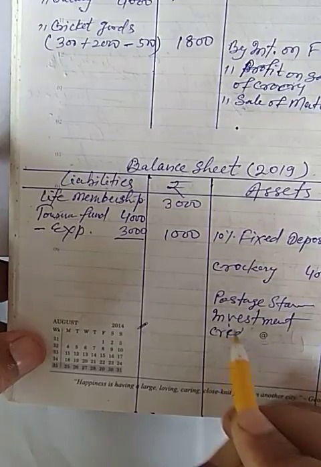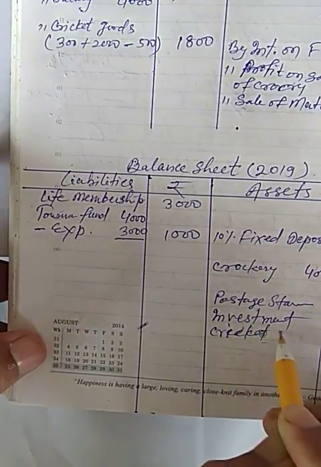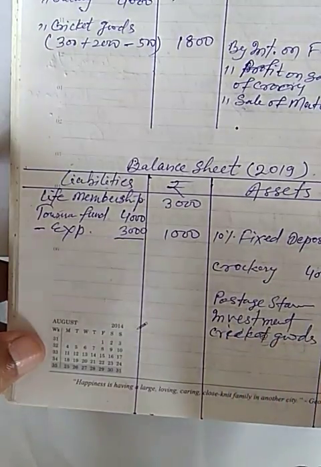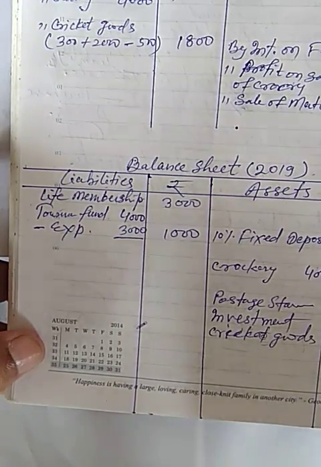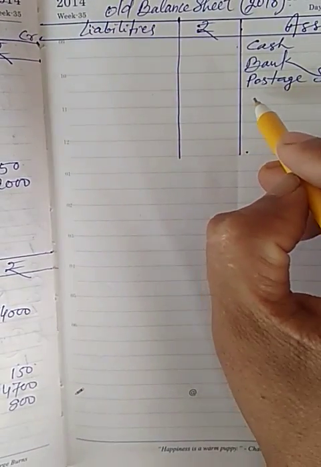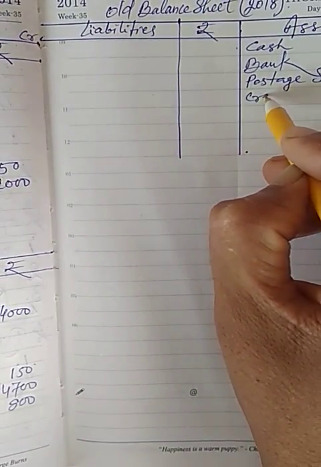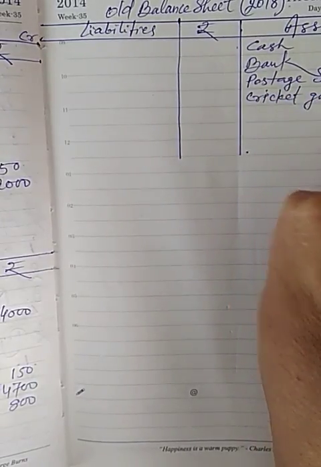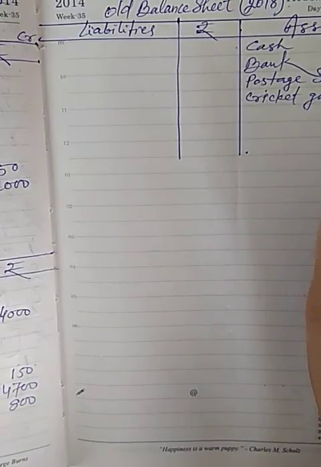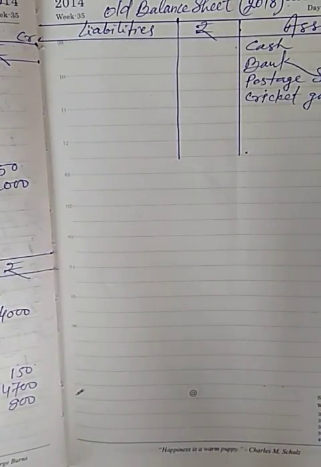Cricket goods closing balance is given 800, and opening is given cricket goods 300 in the question.